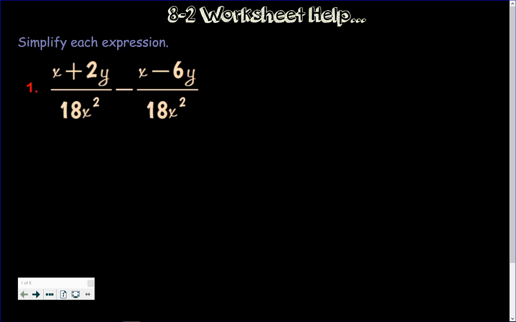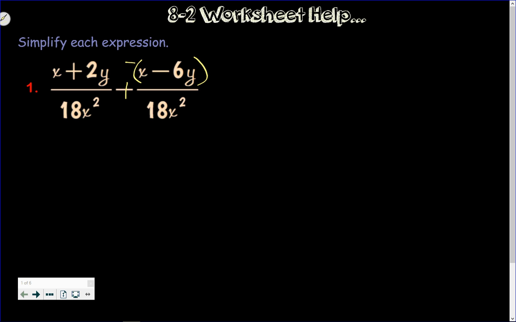Okay, so one thing that you need to notice about this one, we haven't worked any of these, but it's not that big a deal. What do you notice about the denominators here? They're already the same, right? So I can just go ahead and put the numerators together on top. The one thing that I would recommend is, if you notice you got a minus sign between there, change that to a plus sign, and then do that.